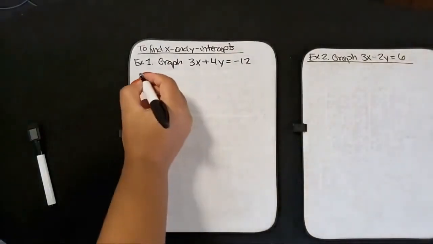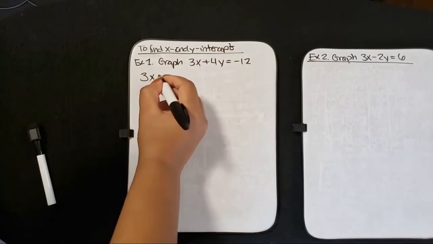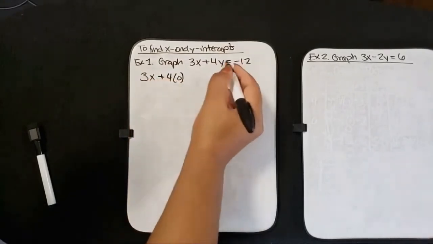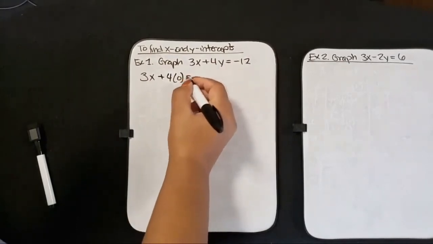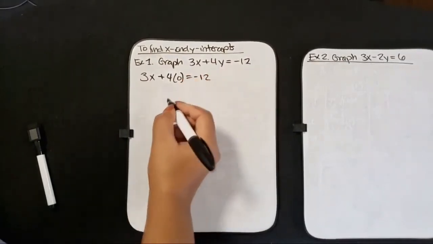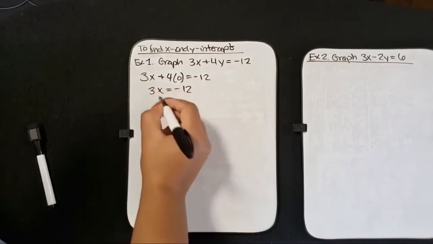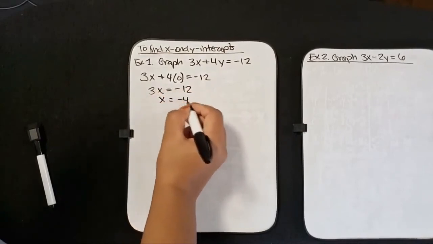So now we're going to look at how to find the x and the y intercept. So first I need to do 3x plus 4y equals -12, plug in a 0 for the y. That's going to give me 3x equals -12 and x equals -4.